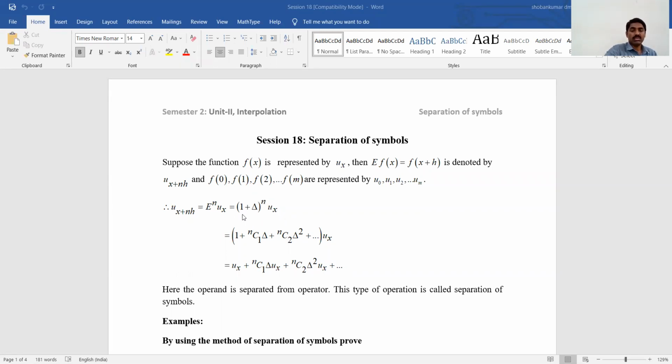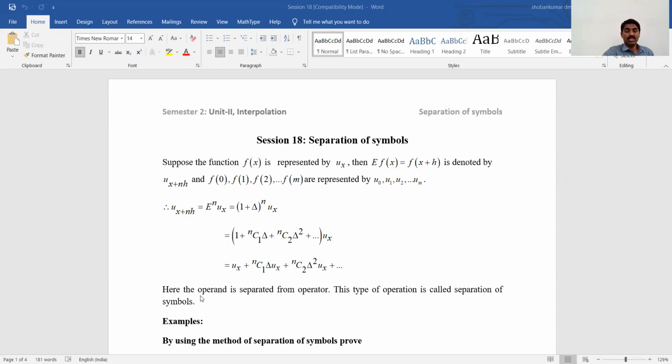Now expanding (1 plus delta) to the power n by using binomial expansion, we get 1 plus nC1 delta plus nC2 delta square plus and so on, and 1 to the power n is 1 itself, into ux.